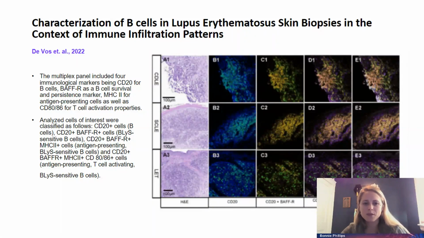So using multiplex immunofluorescence, it was found that there was a subset of lesional cells that showed direct co-expression of CD20, MHC2, as well as CD80 and CD86. And this strongly indicates that B cells, especially those that were arranged within clusters, have both antigen-presenting as well as T-cell activating functions.